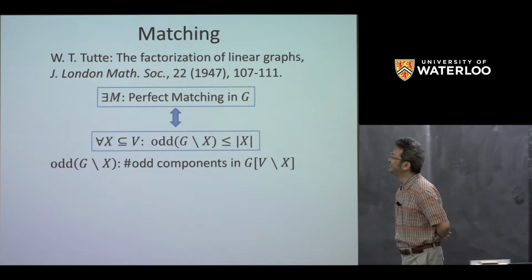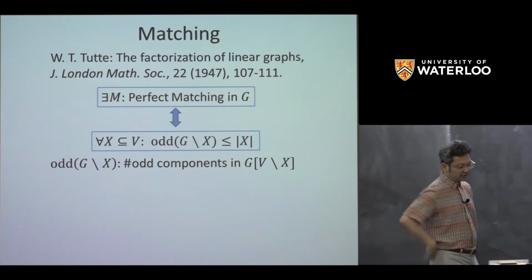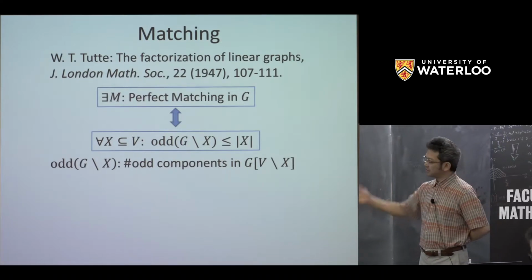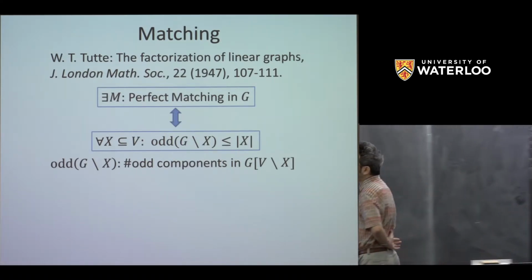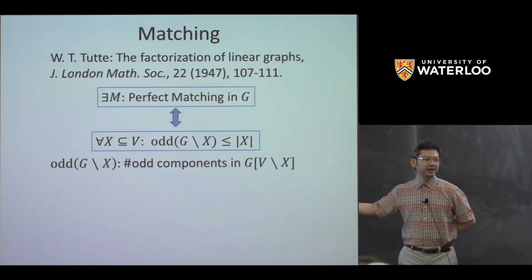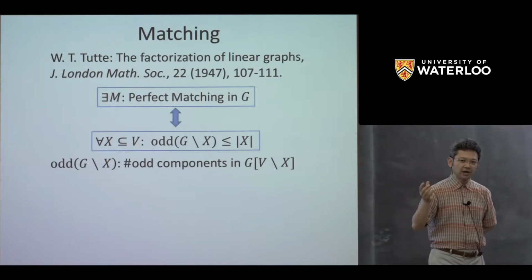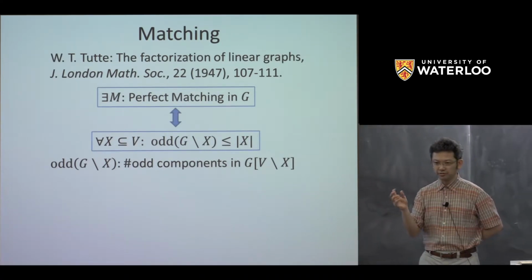Good. Well, what I want to say is that the name of this Tutte matrix came after this paper because, in order to prove this theorem, Tutte actually used that matrix. And the argument there is in fact an algebraic manipulation of the Pfaffian.